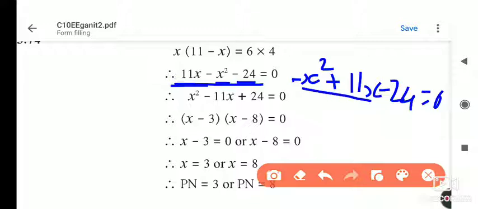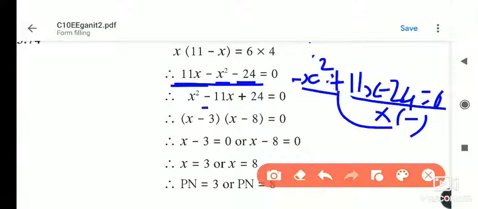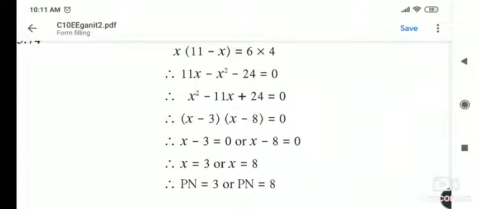Now if we multiply this equation with the minus sign, what do we get? Minus x square into minus is plus x square, plus 11x into minus is minus 11x, and minus 24 into minus is plus 24. The signs change.